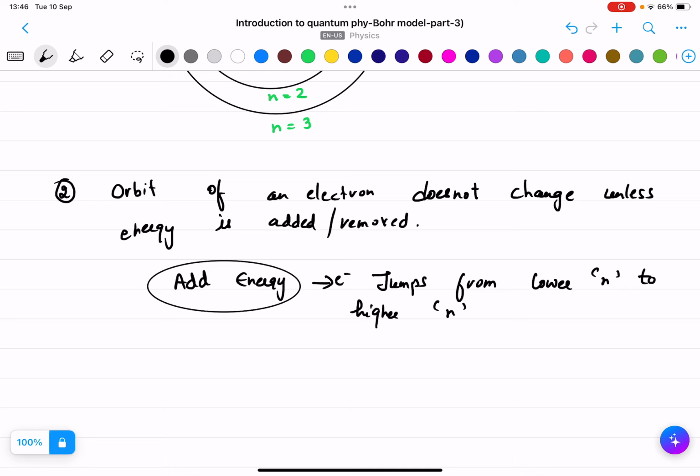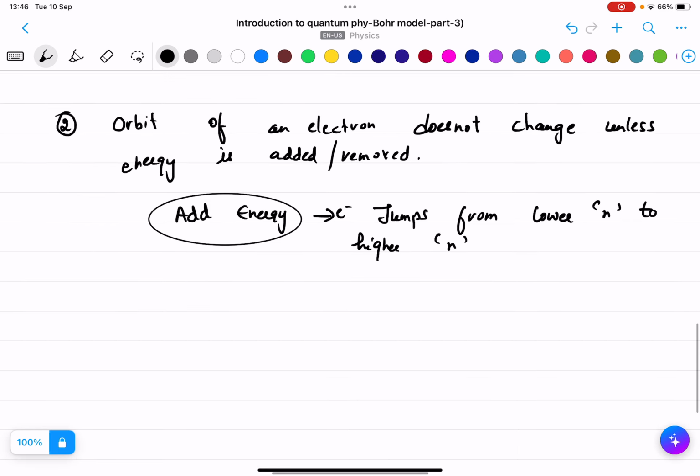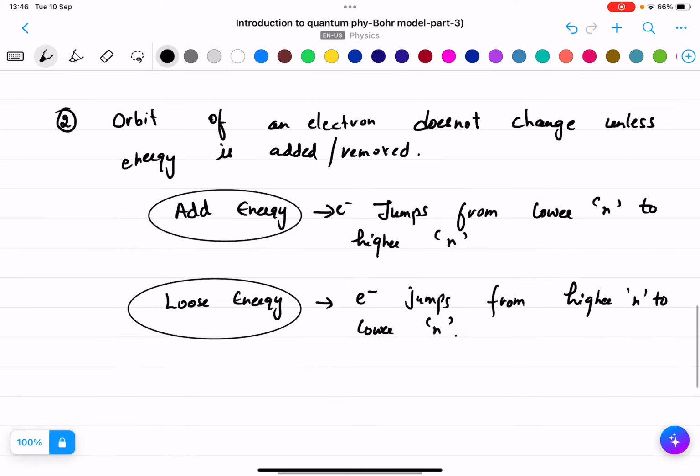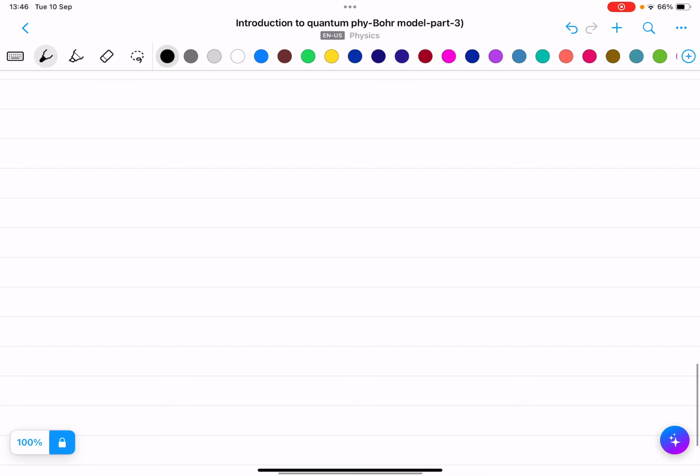If we add energy, electrons jump from a lower orbit to a higher orbit. And if we lose energy, electrons jump from a higher to a lower n. So this is the second statement of Bohr's model.